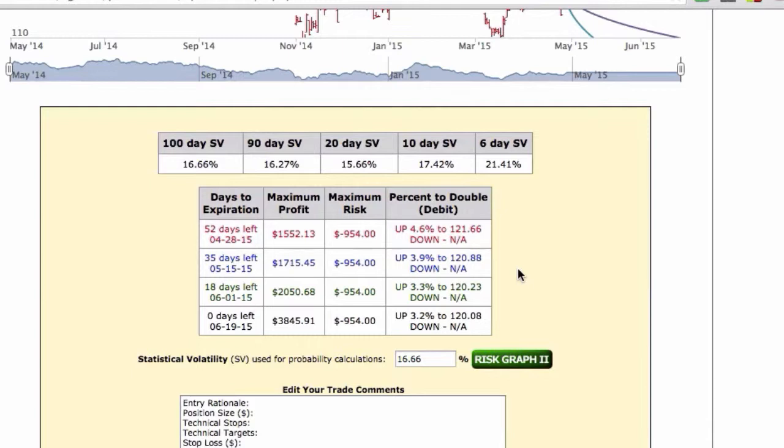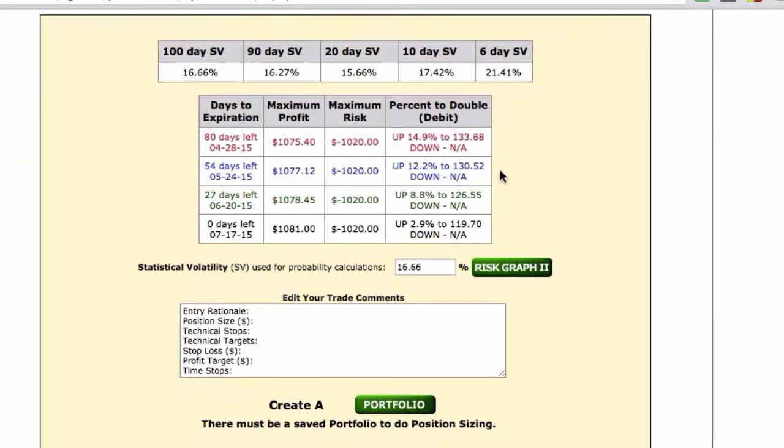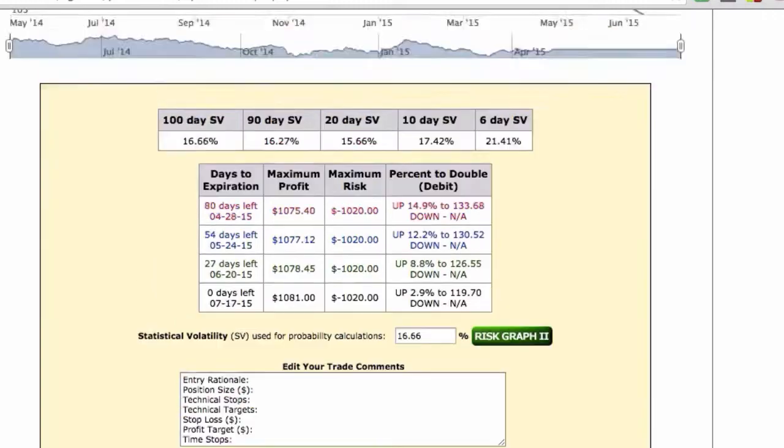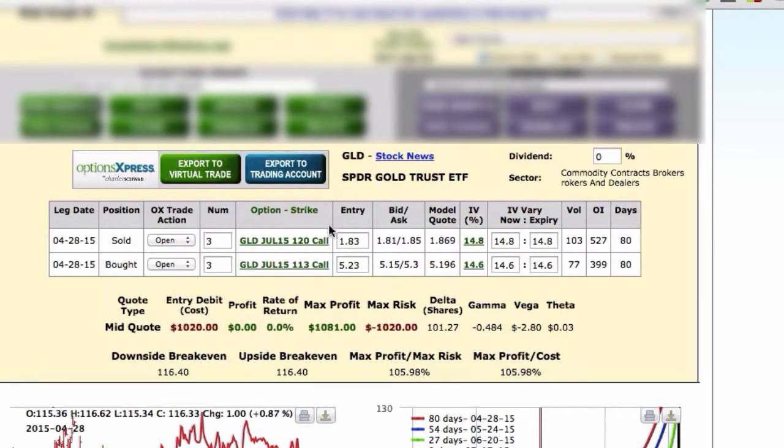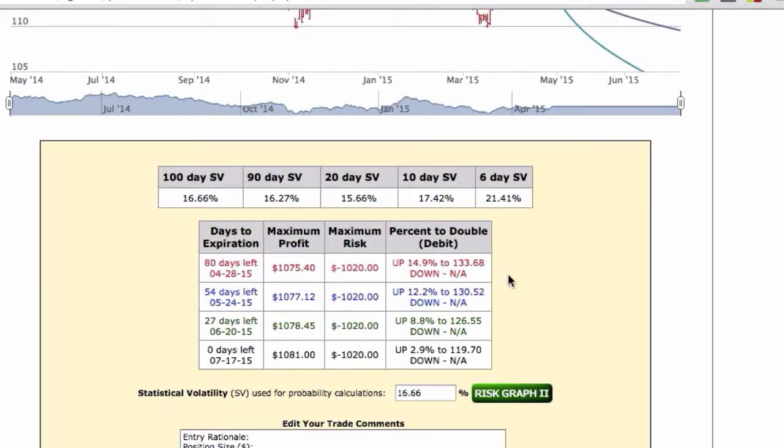We can see that even if we have a move a lot sooner, remember in the previous position, the ETF GLD needed to move over 12% if we had a move in a shorter time frame. I'll switch over to that previous position and show you that if we had a move sooner rather than later, then in this particular position, which is the spread using the 113 and 120 calls, the asset, in this case GLD, needs to move up more for us to yield a 100% return on investment.